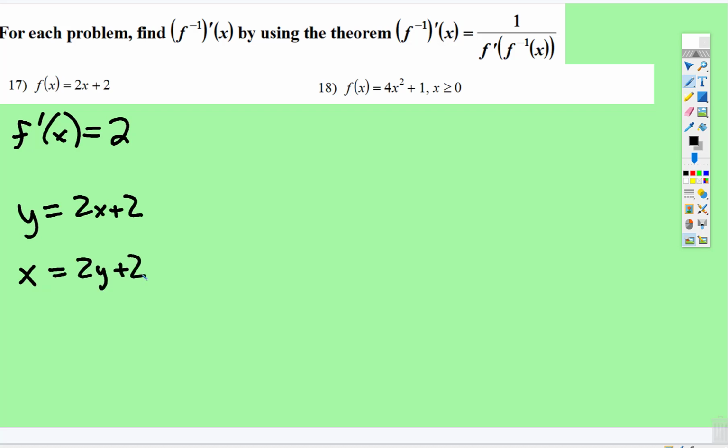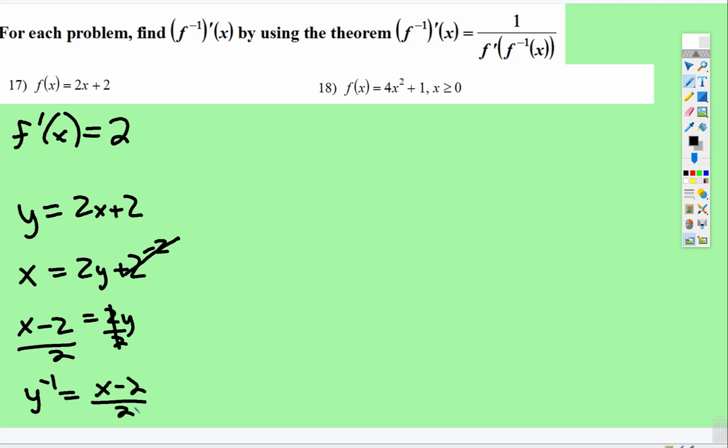Then we use inverse operations. So x subtract 2 leaves us with 2y, and then divide by 2. So the inverse is now x subtract 2 over 2.